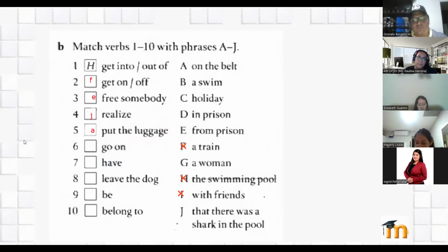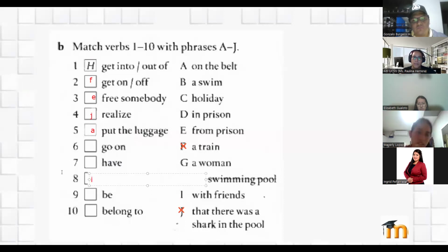Mayerly, number 8. Letter I, yes. Leave the dog with friends.